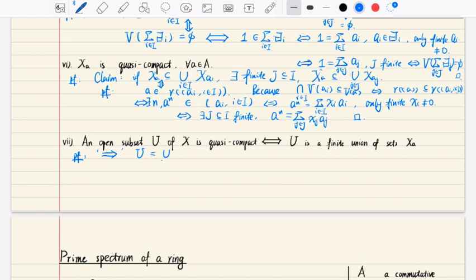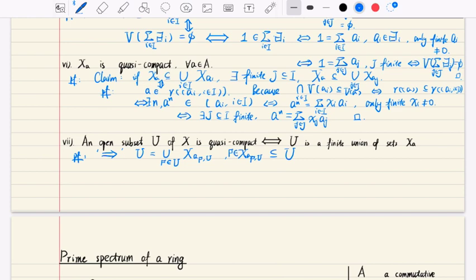for any p belongs to U, we can find some XAp such that it is an open neighborhood of p, but it is also contained by U. This is correct because XA is a family of a topological basis.